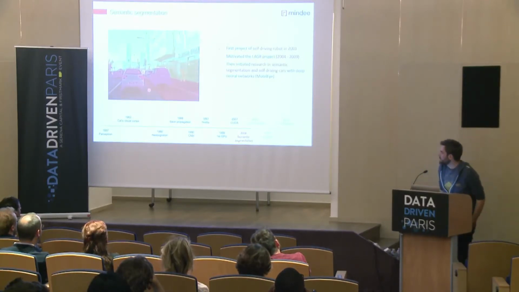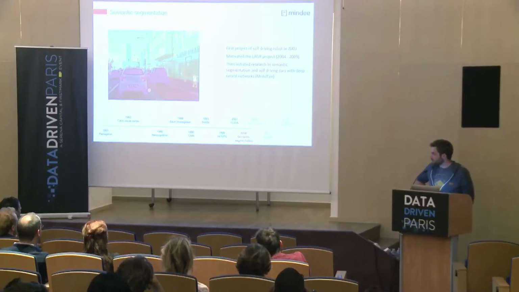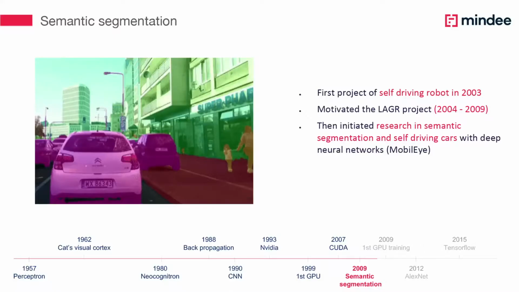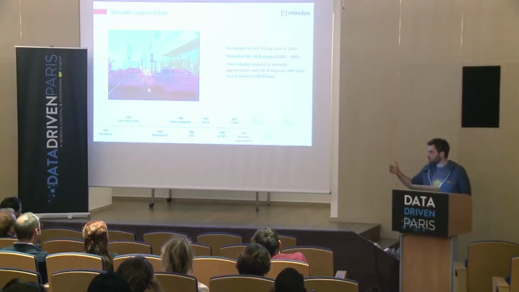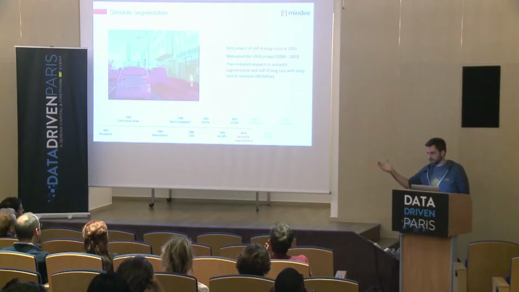A few years back, in 2003, the first project of self-driving robots was led by Yann LeCun, and it motivated another project called the LAGR project, financed by DARPA. That initiated a lot of work on the semantic segmentation problem. Semantic segmentation, what you can see on the left, is giving each pixel of an image a representation of the object it is representing, to see what is the road, where is the person, where is the car next to you, and so on.